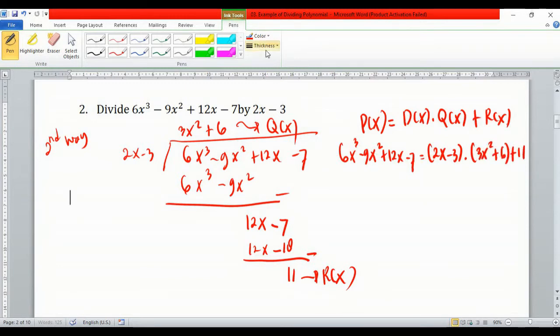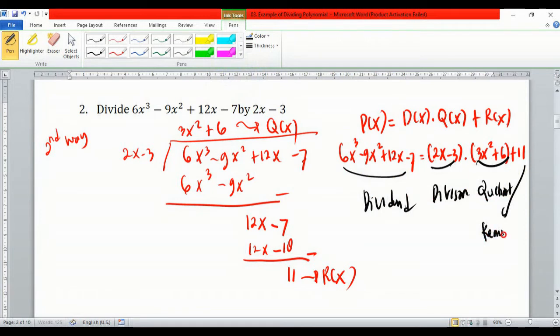So this one is the divisor, this one is the quotient, and this one is the remainder. I hope you understand. You can choose the first way or the second way, whichever you like. Okay, next let's jump to another example.